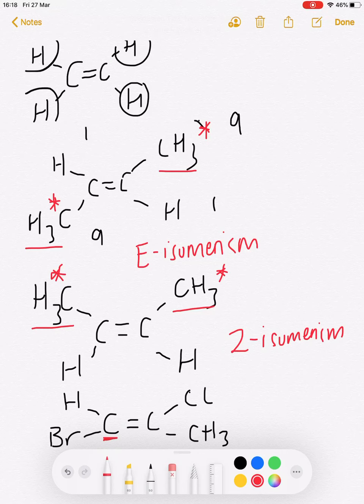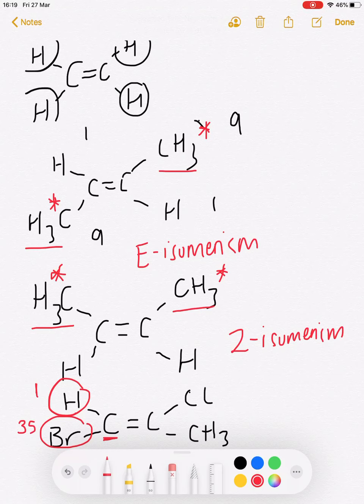Attached to this carbon, we've got a hydrogen and we've got a Br. The atomic number for H is 1. The atomic number for Br, this is off the top of my head, I think is 35.